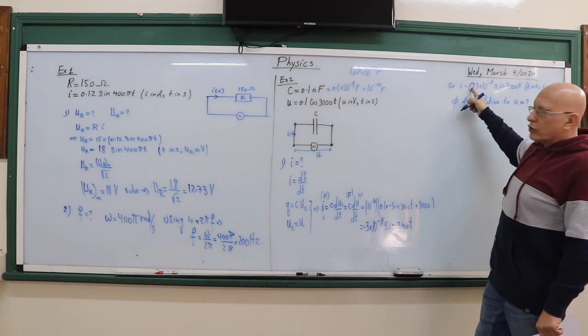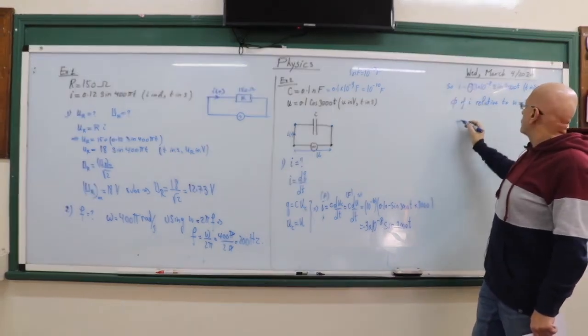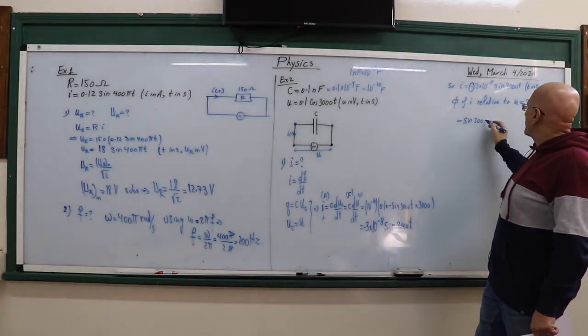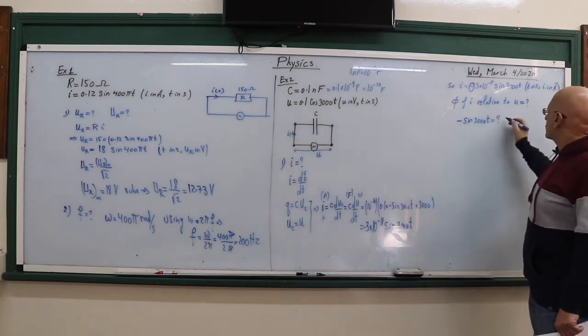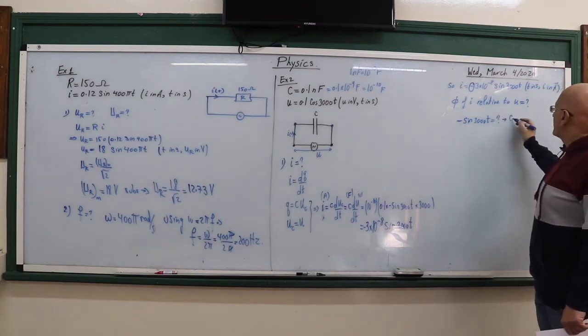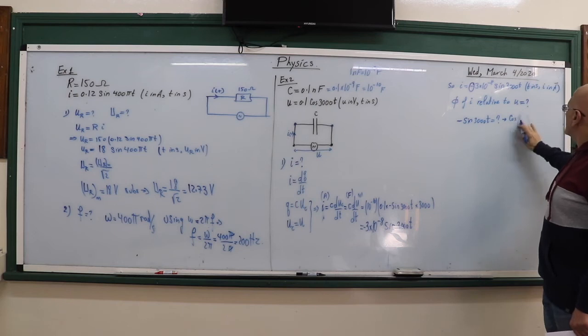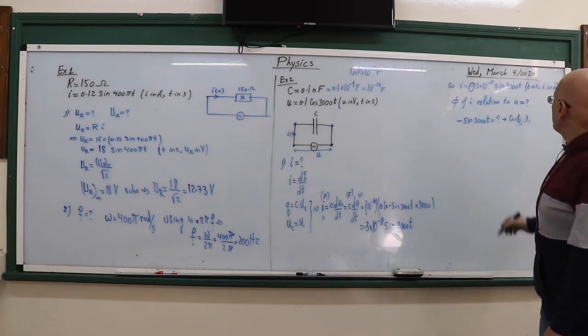Also, I should remove the minus sign. So I should change minus sine 3000 t to how much in cosine?